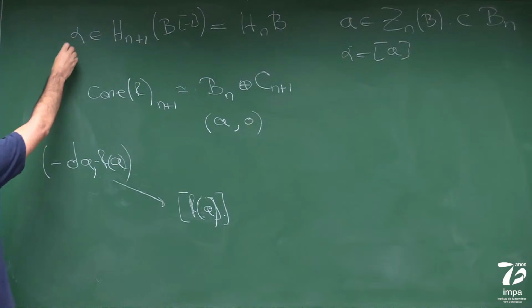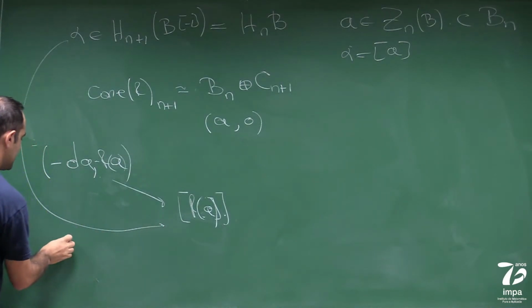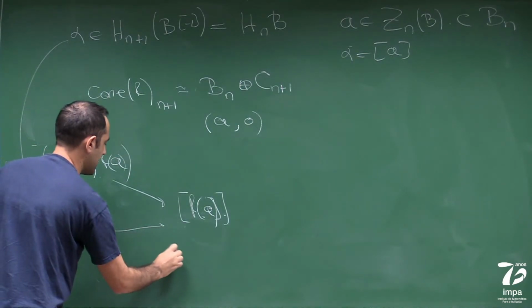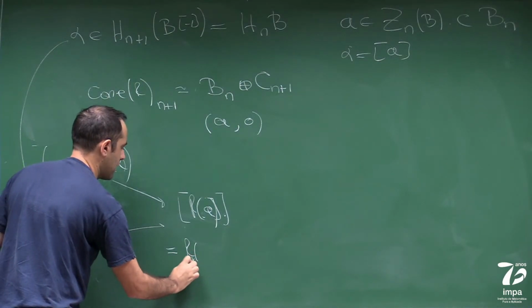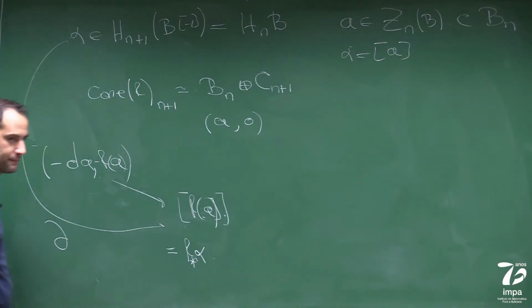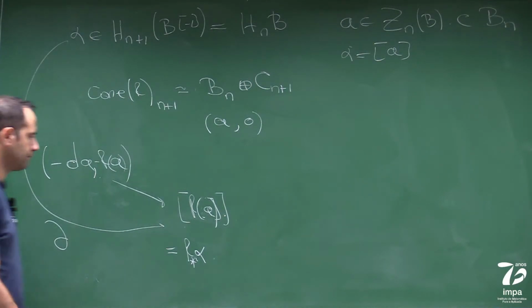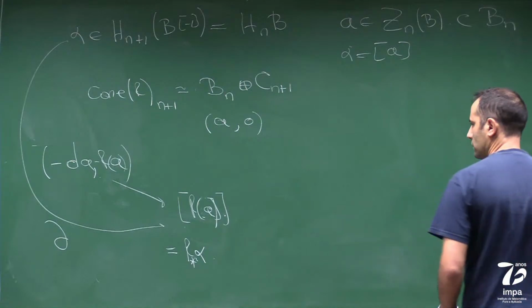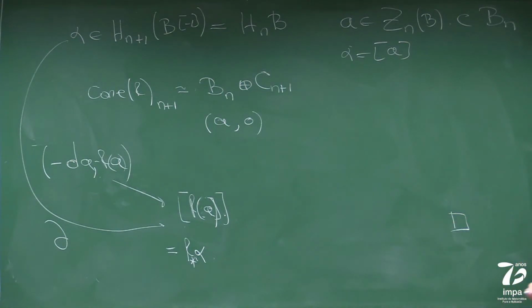And the composition of all of this map is delta. And this guy here, by definition, is F star of alpha. Right? OK. So that proves that we can put any map on a long exact sequence.